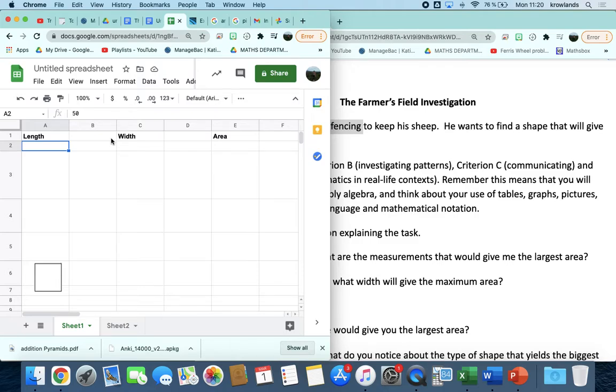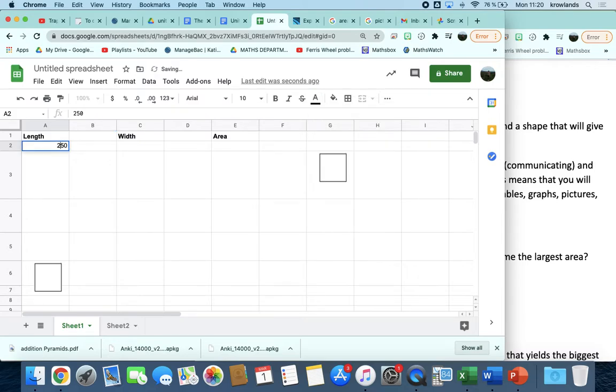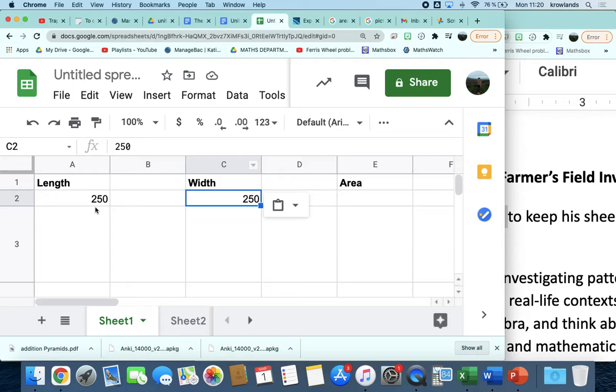For example, if we said the length of a particular shape was 250, and its width was also 250, what we're going to have is a length of 250, a width of 250, and therefore all four of these values add up together to give 1,000.